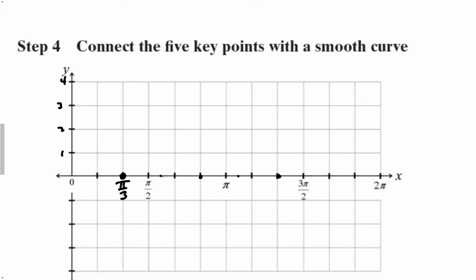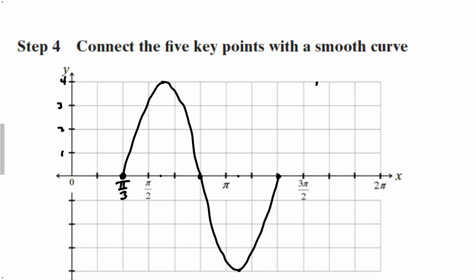So 0, 4, 0, -4, 0. And now I have my graph with a nice smooth curve. And I could extend this as far as I wanted to, either way you want.